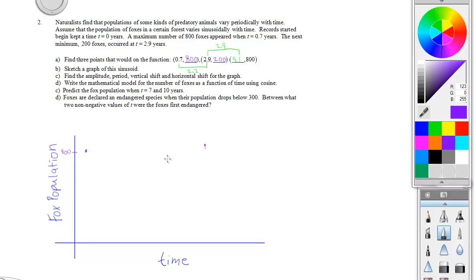So we'll put a point there. Kind of a funny looking point. So let's go about right there. And then over right in the middle of that, 2.9 and up 200. So we'll say that's about right there. Now that defines the cosine curve that will go something like this.